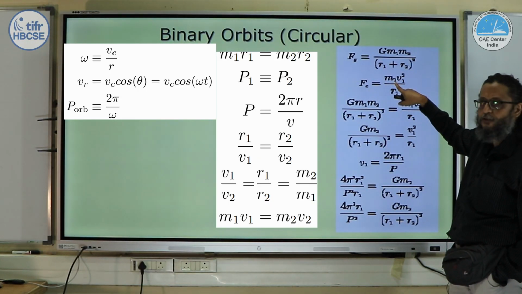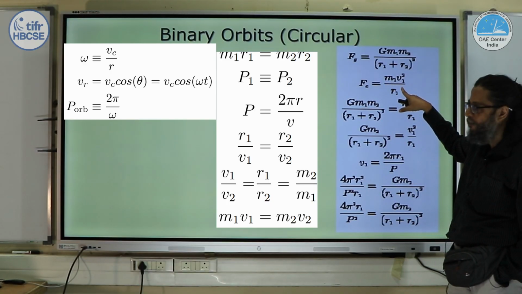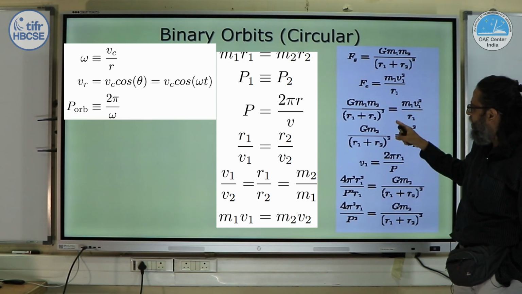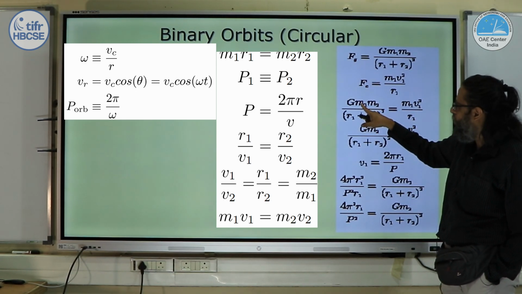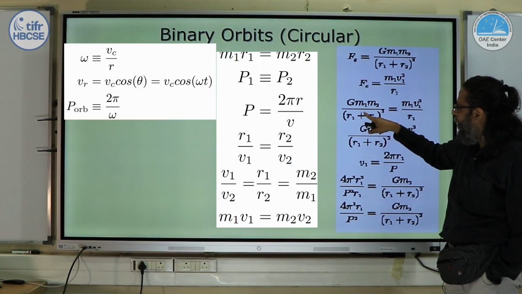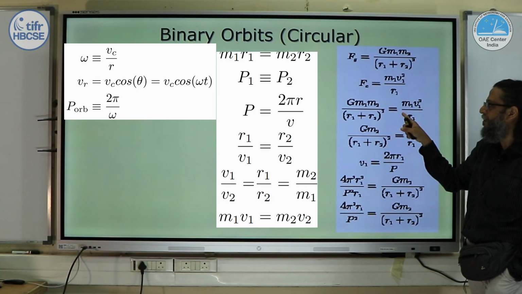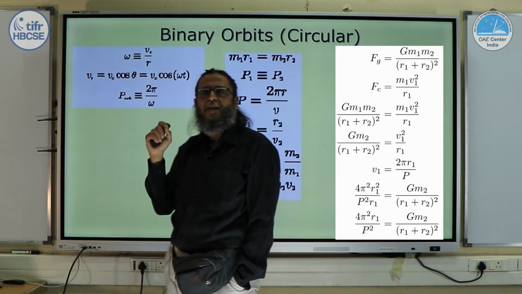Considering the first object, this is my expression for the centripetal force experienced by the first object. Now, as I said, Fg is equal to Fc, so G m1 m2 upon (r1 plus r2) whole squared is m1 v1 squared upon r. This is the most important relation that you need to understand.